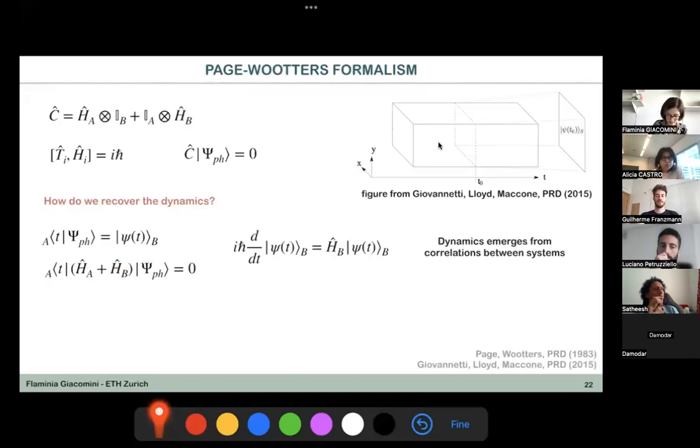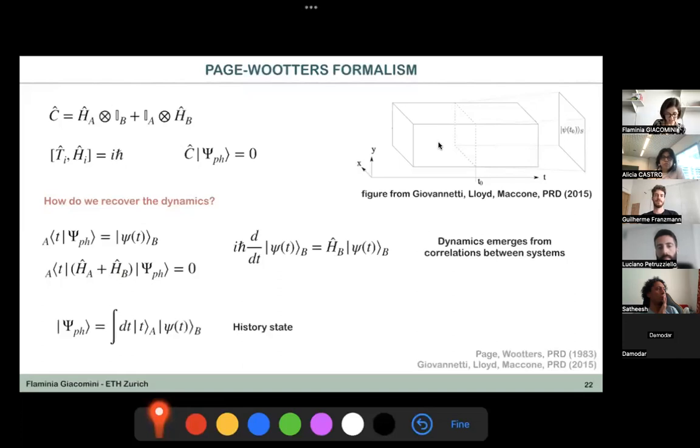So if I do that, you see that I recover the Schrödinger equation for clock B. So here I have a dynamics when I look at clock B from the perspective of clock A. In this sense, the dynamics emerges from the correlation between these two clocks. I do not have a global dynamics of these two quantum states, but I have a dynamical evolution when I look at one clock from the perspective of the other.